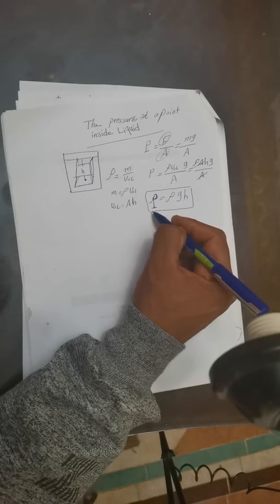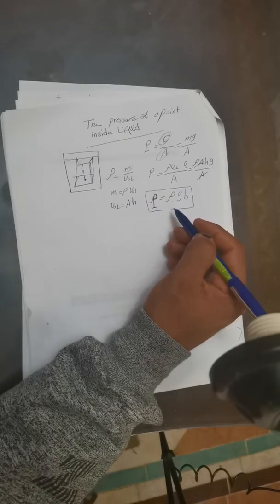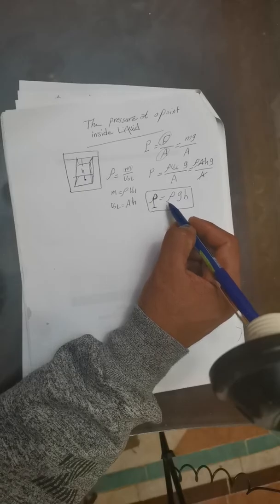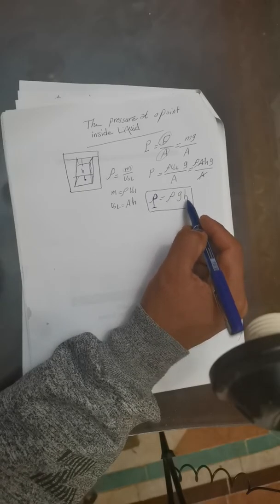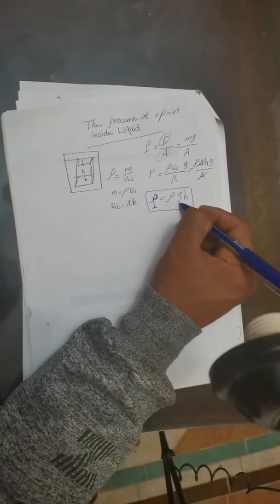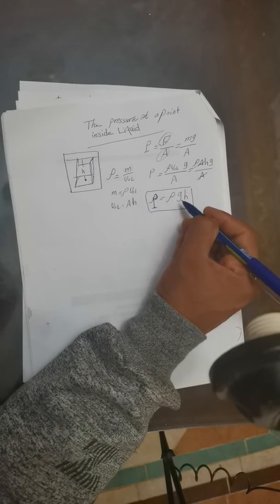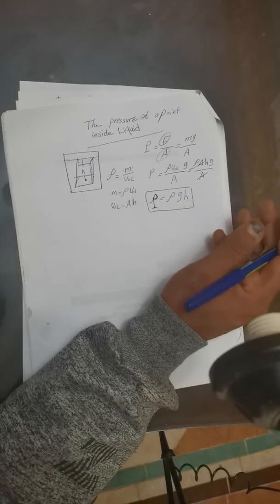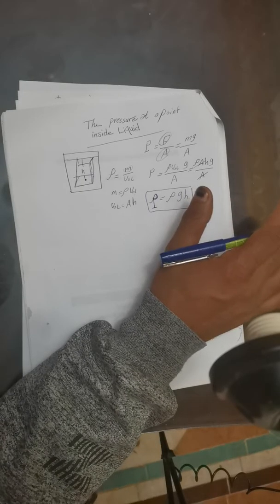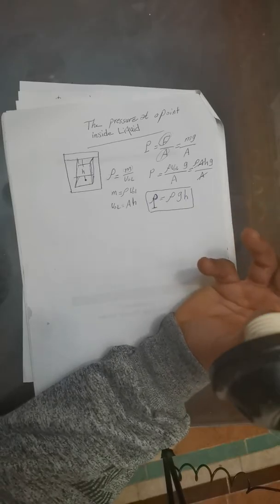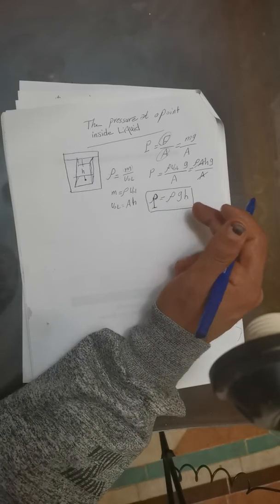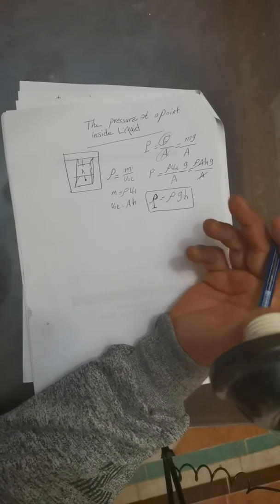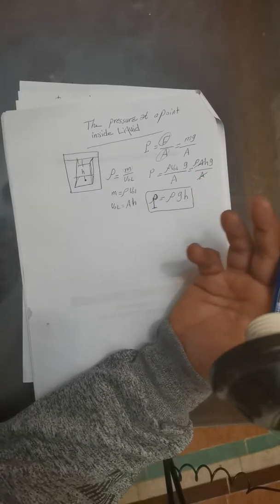So the pressure depends on the density of the fluid and the depth of the point. g is a constant, equal to 9.8 meters per second squared, but rho and H are two physical quantities that can change.